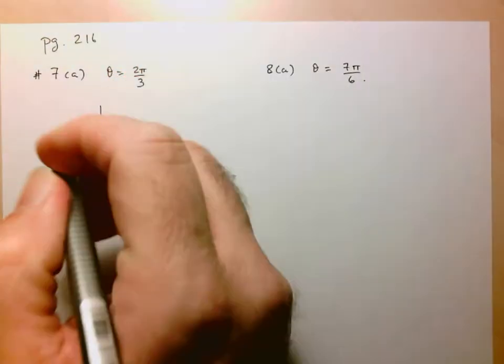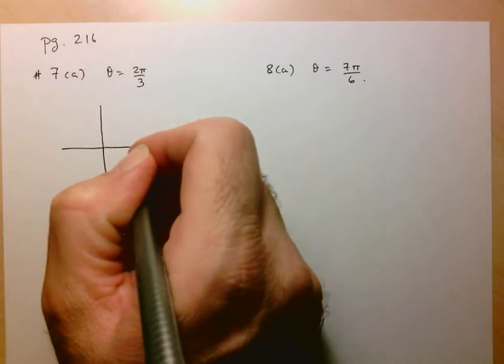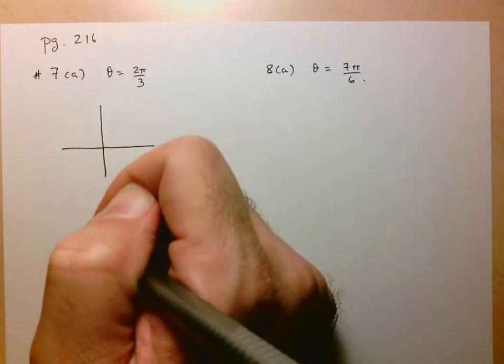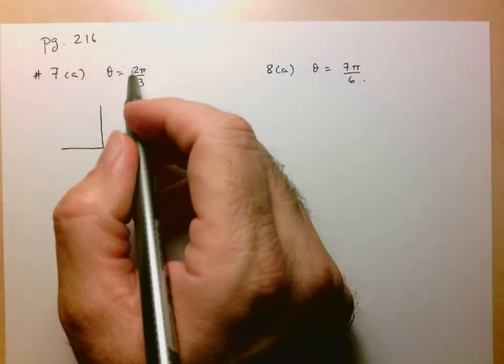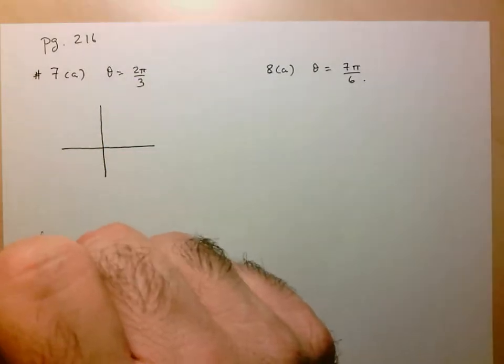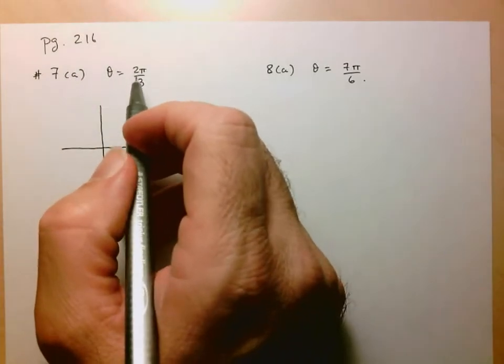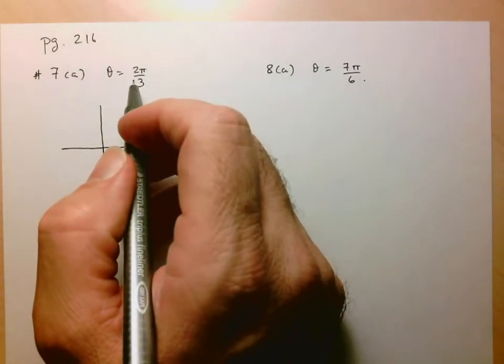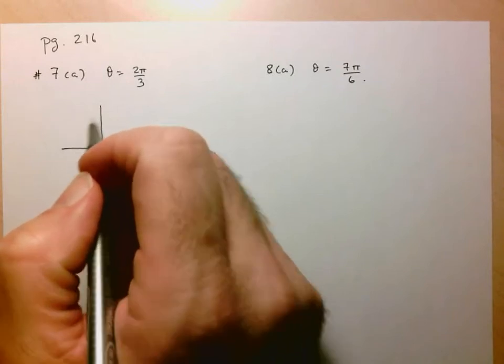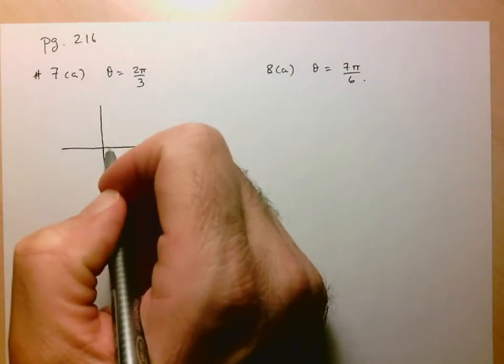One thing you're going to want to work on is getting used to drawing these given the angle in radians. Again, there's no units, meaning this is in radians. So 2 pi over 3. First of all, I realize this is going to be in the second quadrant because pi over 2 is like 90 degrees.